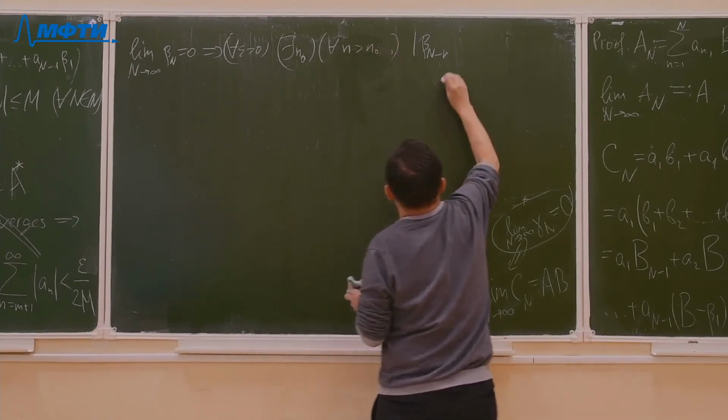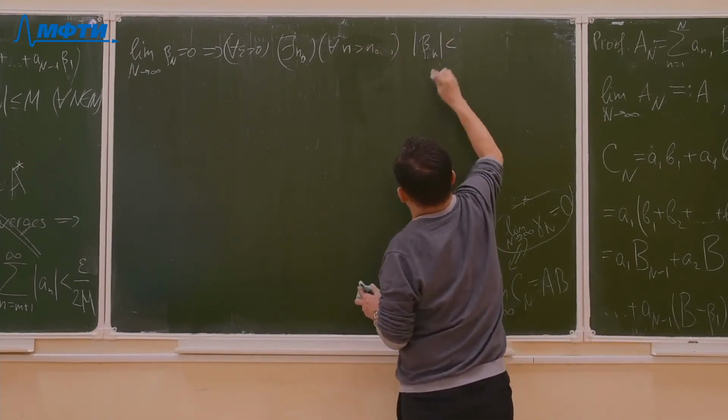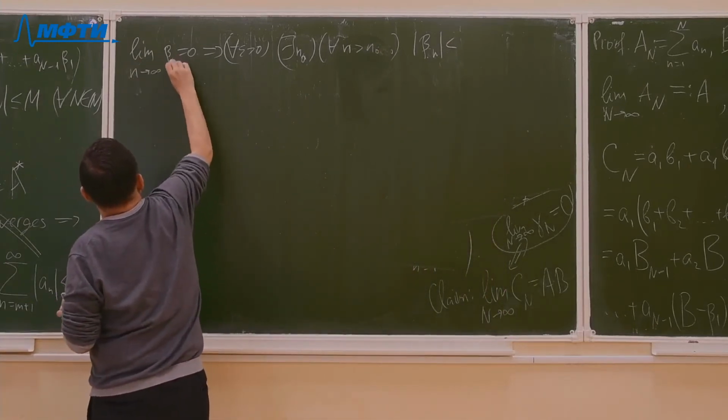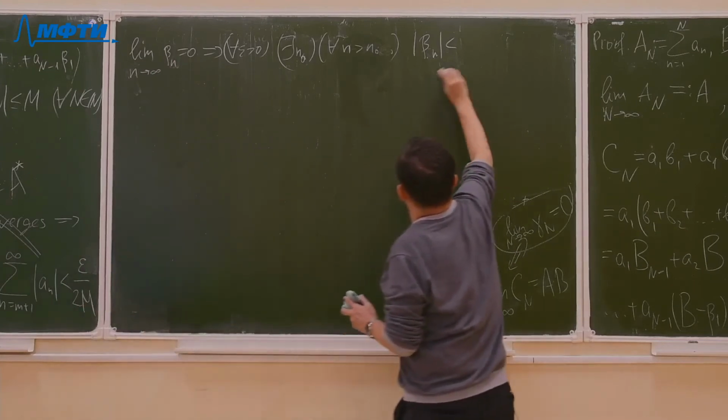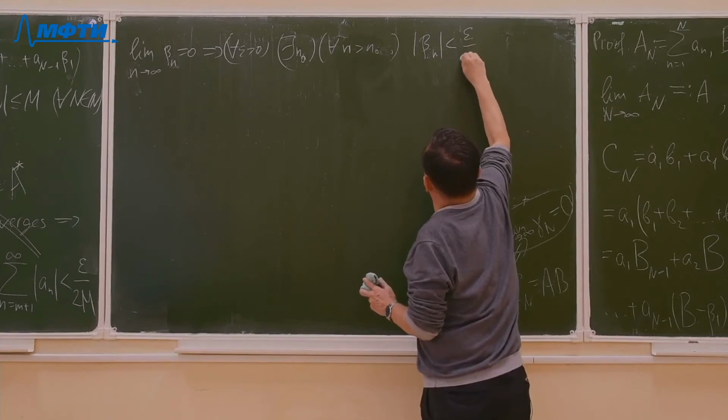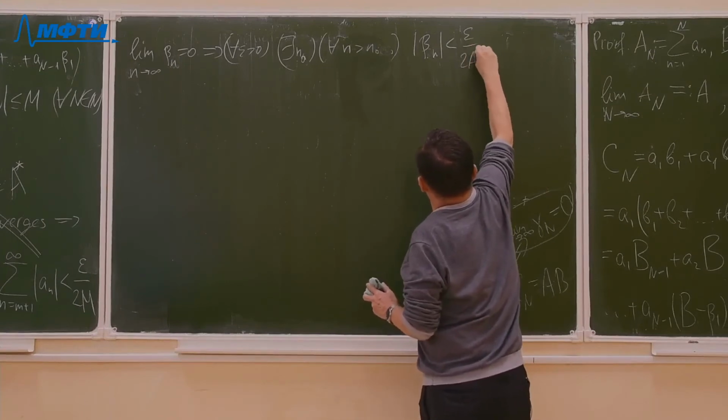I'll write like that. The modulus of beta n less than, firstly, I'll choose for n tends to infinity, right? Beta n less than epsilon over 2 A star.